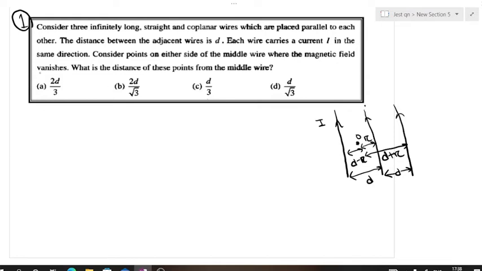That means at that point the net magnetic field vanishes. What is the distance of these points from the middle wire?